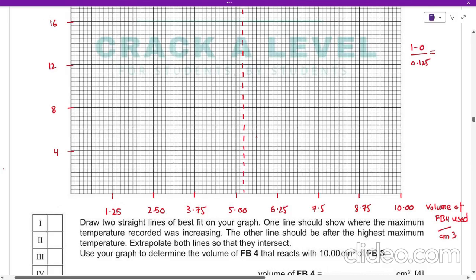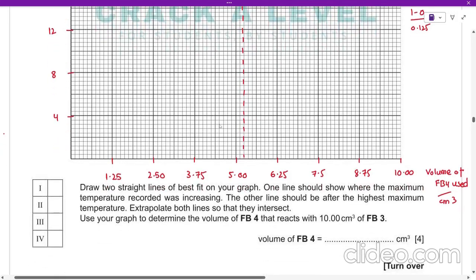So this will be about 5.125 and 5.25. So it is 5.25. This will be the answer for this part.